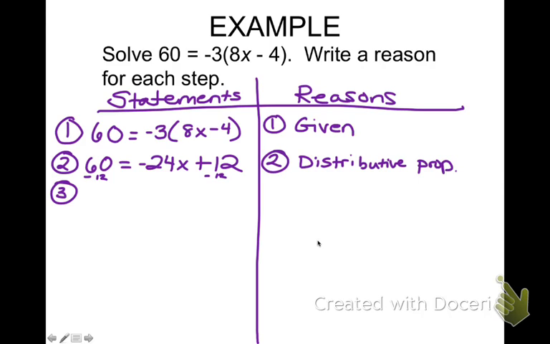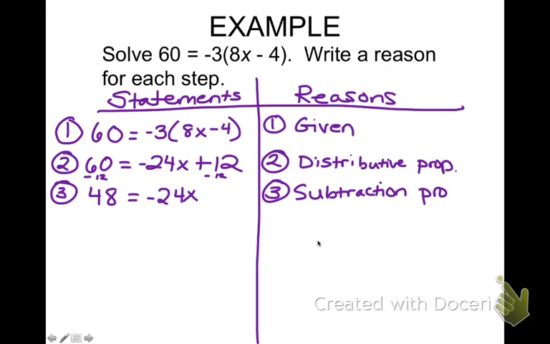So 60 minus 12 gets us to, what, 48? So 48 equals -24x. What's our justification on the other side? What did we just do? Subtraction property. So subtraction property of equality.